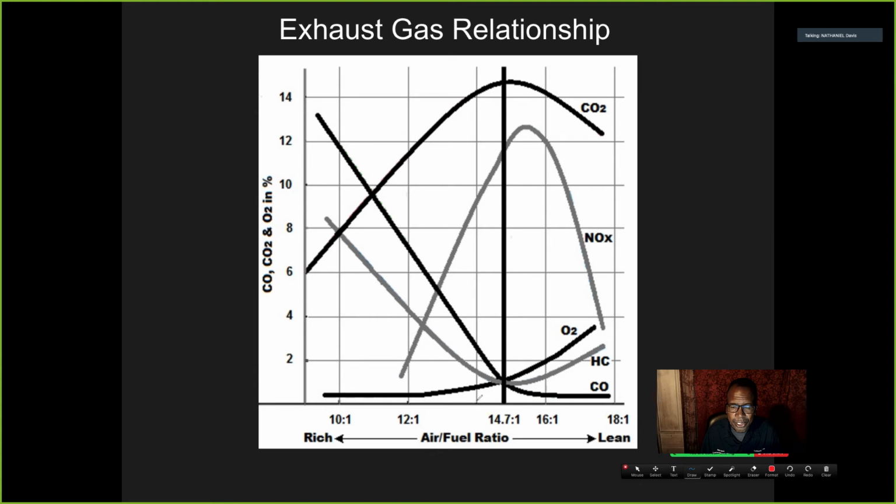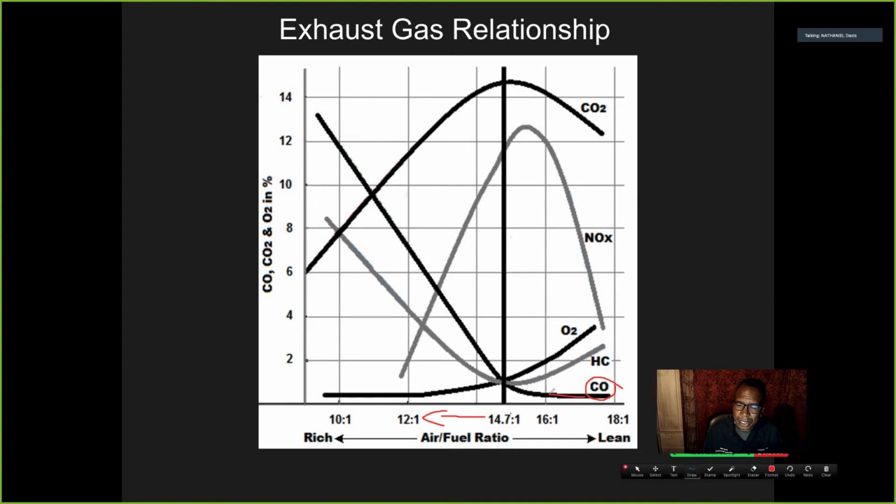Now look at this. On this side of the chart, we've got 14 pounds of air to 1 pound of fuel. I used to hear it was parts, now here it's pounds. But anyway, you've got 14 pounds of air to 1 pound of fuel. As it starts going down, we get less air. It gets richer. Look at the CO. This is CO here.